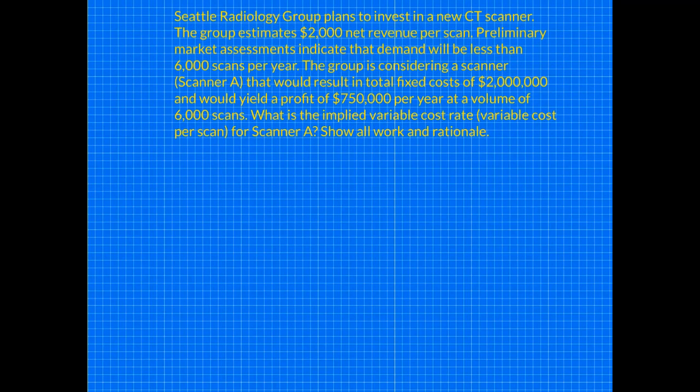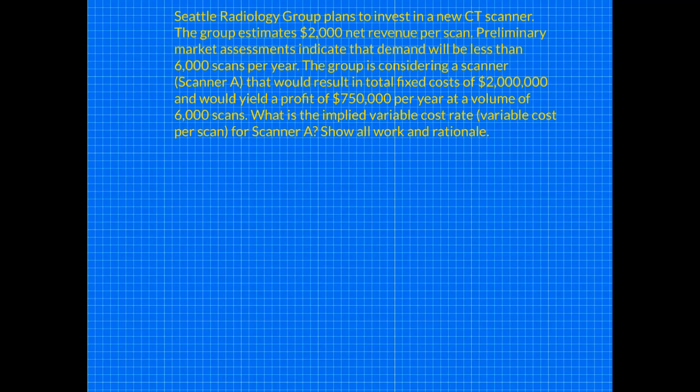All right, so here's our first problem. The Seattle Radiology Group plans to invest in a new CT scanner. The group estimates $2,000 net revenue per scan. The preliminary market assessments indicate that demand will be less than 6,000 scans per year.